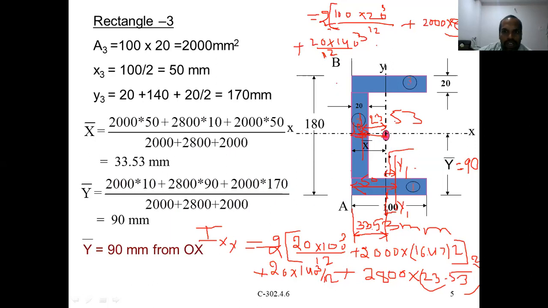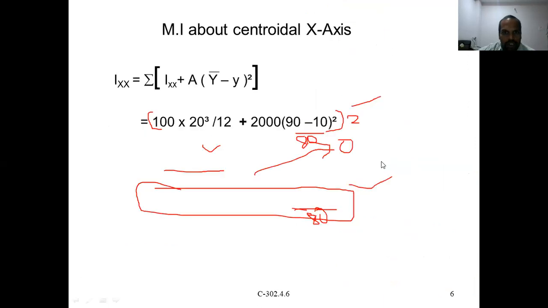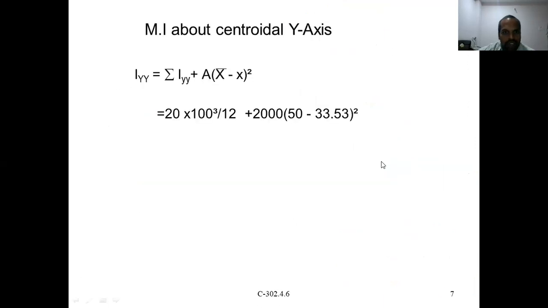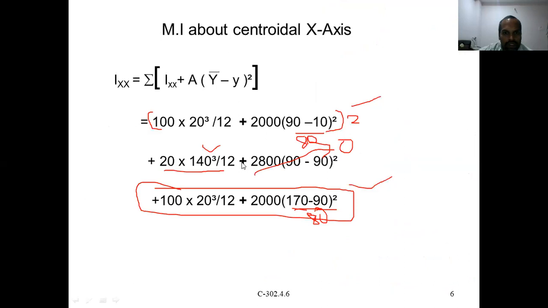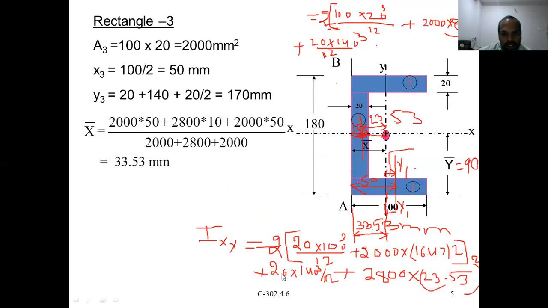Like that you have to calculate the h1, h2. So this is Ixx, now Iyy. See this one: 20 into 100 cube by 12 plus 2000 into 50 minus 33.53, that is 16.47. Similarly, for the second figure, I have written something wrong here.